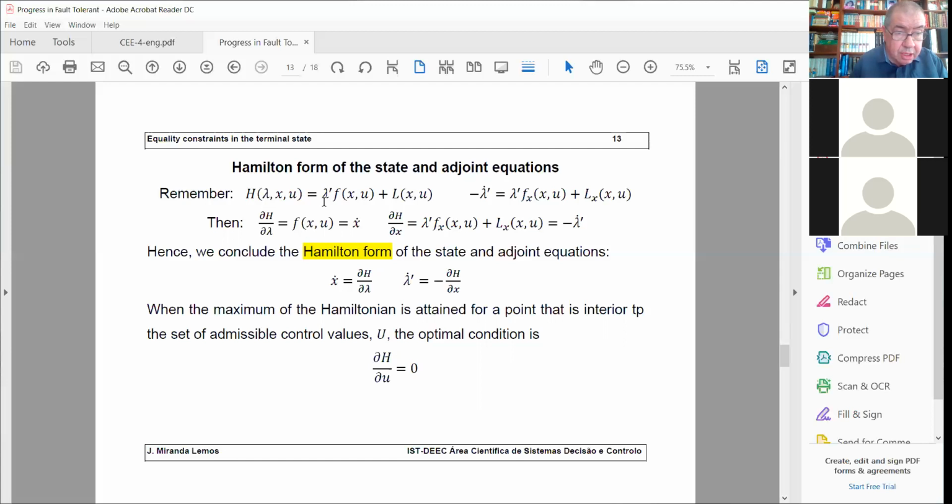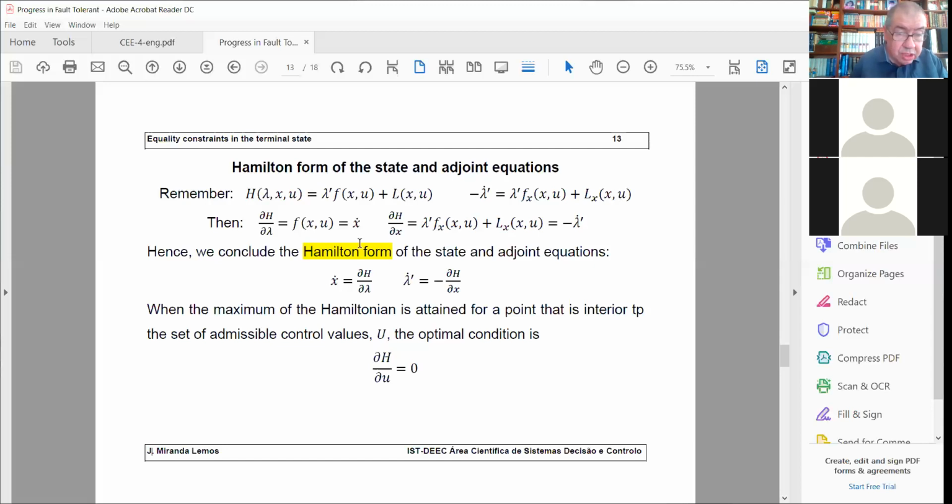So the partial derivative with respect to x is just lambda transpose times the partial derivatives of f with respect to x, plus the partial derivative of L with respect to x. But this, if you look at the adjoint equation, is nothing more than minus lambda dot transpose. So you can write that lambda dot transpose is minus the partial derivative of H with respect to x.